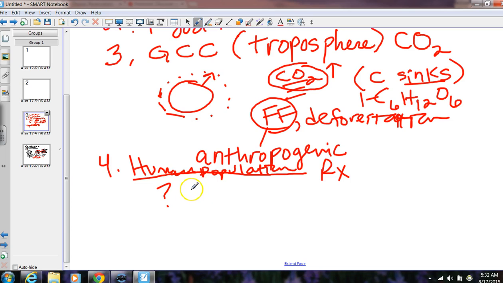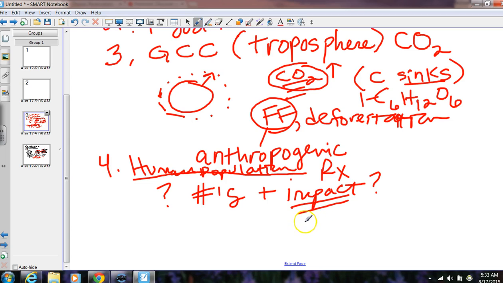And one thing to also keep in mind is not only numbers, okay, so yes, numbers of individuals, that's a problem, but also your impact per person, okay? What is the impact per person? So if you look at a typical American teenager and compare them to a typical teenager from, let's say, India, which individual uses more resources? What impact does each person have? How much are they using? So think about everything.